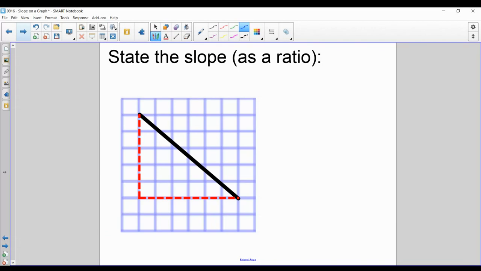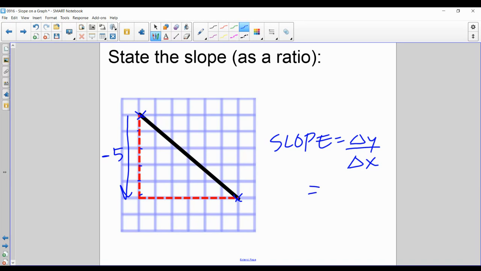Last time we looked at some segments and lines on graphs, and we said I can figure out the slope by figuring out the change in y and putting it over the change in x, creating a ratio. I'm looking at it from this point here to this point here. My change in y is going down, so I know that's negative. I'm going down 1, 2, 3, 4, 5.